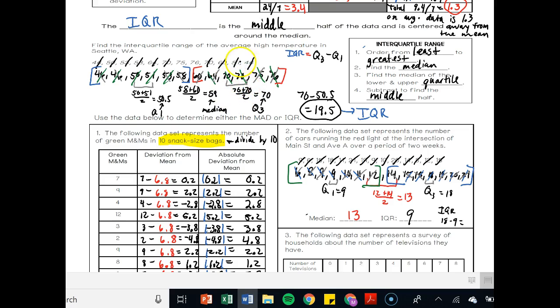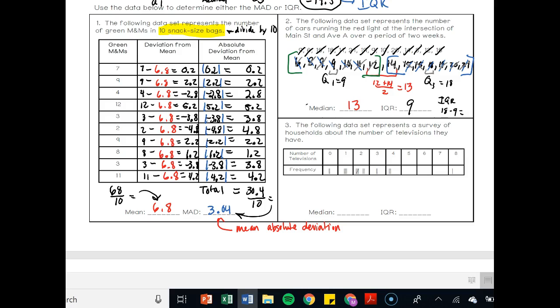I didn't really need to do 70 plus 70 divided by 2, but quartile 3 is 70. IQR is simply subtraction. So 70 minus 50.5, quartile 3 minus quartile 1, the equation is right there if you forget, gives me 19.5. So my interquartile range, or the spread of the data centered around the median, is 19.5.